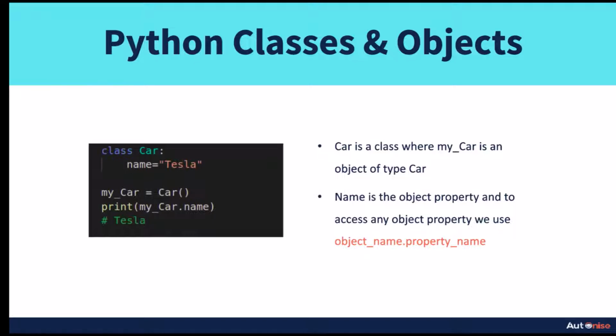Obviously, for a real Tesla car, they might have only one blueprint, but many cars of the same model might be available on the road right now. All the cars available on the road are the objects of the same class.